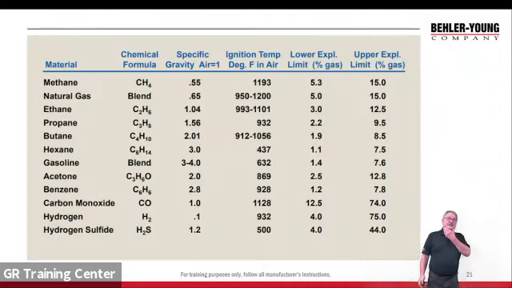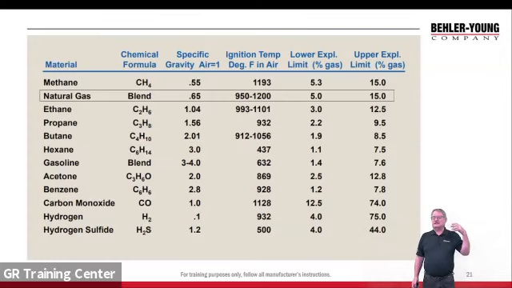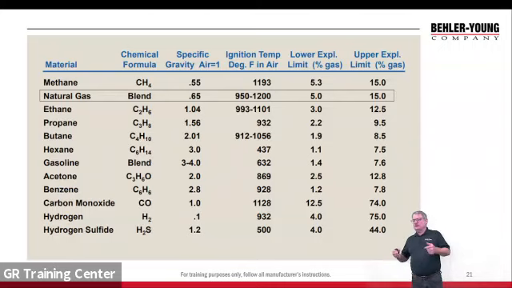Okay, so this little chart here, we're going to refer to a few times today. So we already talked about natural gas. Now, natural gas is the safer of the two gases we work with. It's not readily available to a lot of outlying areas that don't have a pipeline, so we end up with propane.